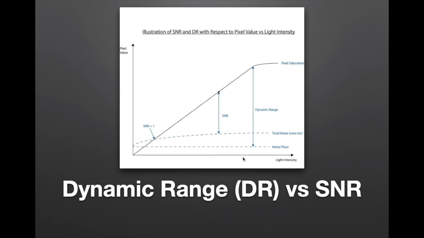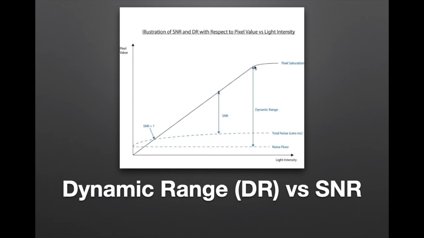But what it also shows is that as your light intensity gets higher and higher, you start to saturate the imaging system. Either the CCD can no longer store charge. The photons come in, but it can't store any more charge, so it's saturated, it's full, and you cannot get any higher values.